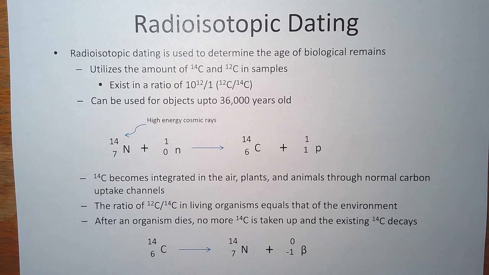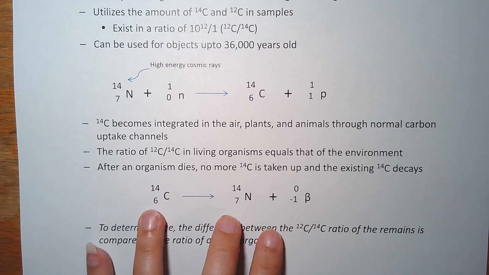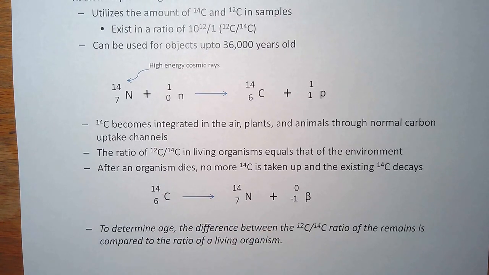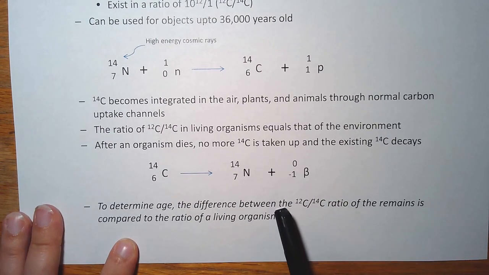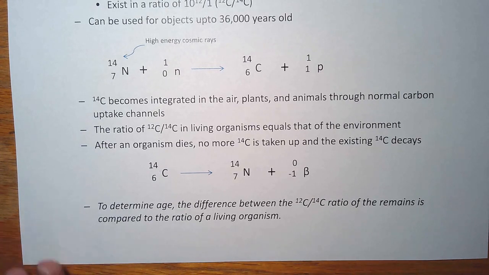Alright, and then carbon-14 breaks back down into nitrogen and the whole cycle starts again. So normally this ratio of carbon-12 to carbon-14 is used to determine the age of biological remains.